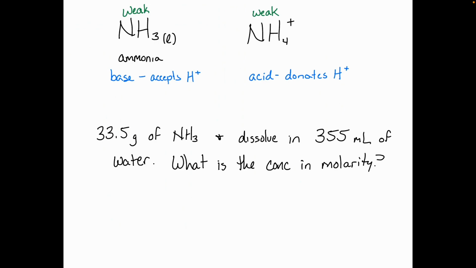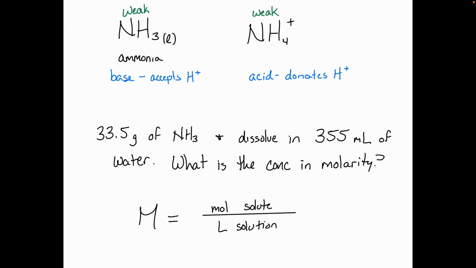All right, so let's think real quick. What symbol do we use for molarity? The big M. And what does that big M stand for? Moles over liters. And in particular, if we're being really good, it would be moles of solute divided by liters of solution.